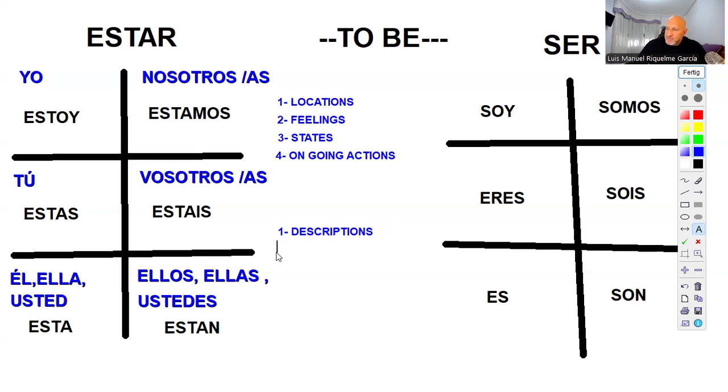Descriptions always with ser. Origin, nationalities. I am from Murcia. I am from Spain. My friend René is from Belgium. Always with ser. Where are you from? Always with ser.